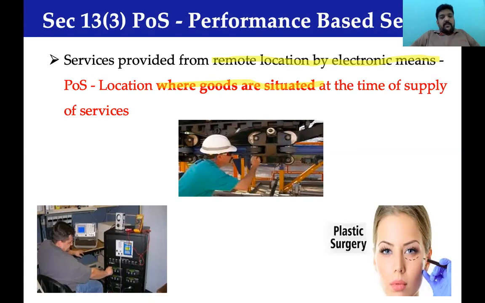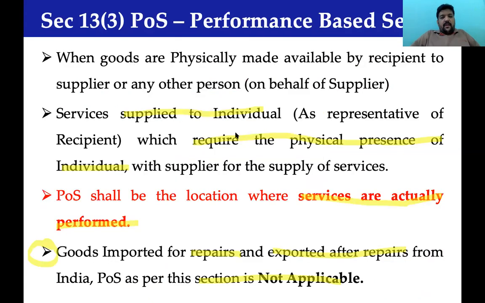So these are performance-based services. By the way, electronic means could be an electronic network, or somebody shows a video cam and another person sees it on Skype, and that can also be considered electronic means.